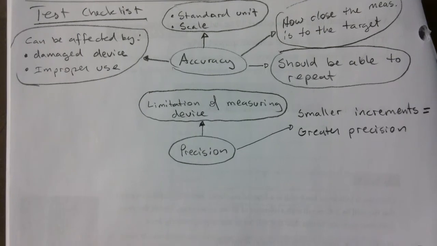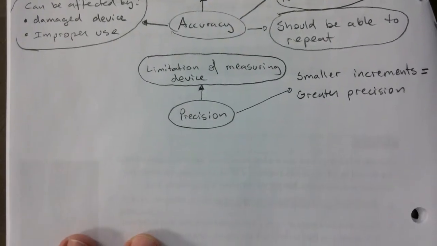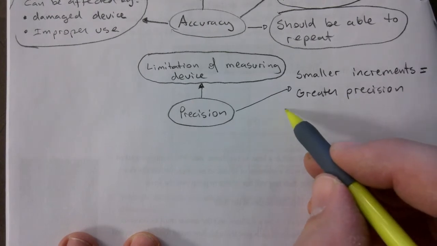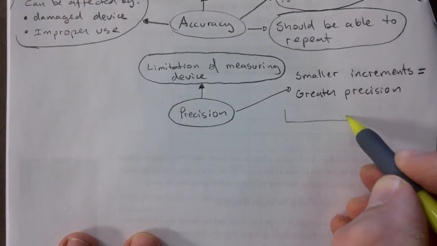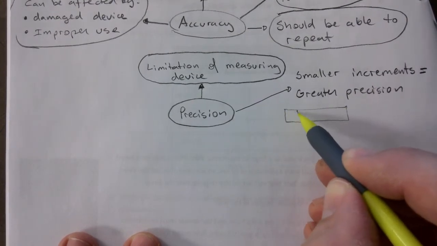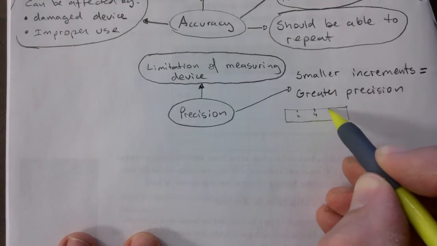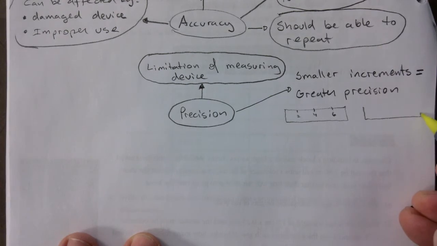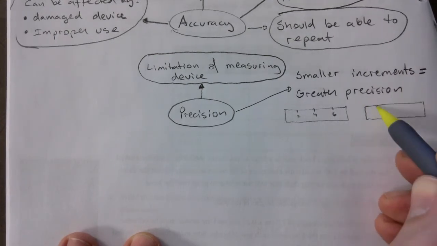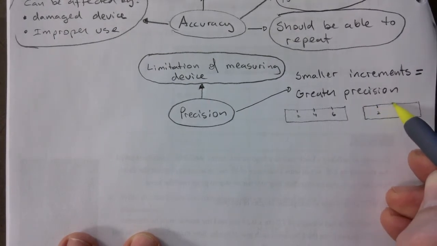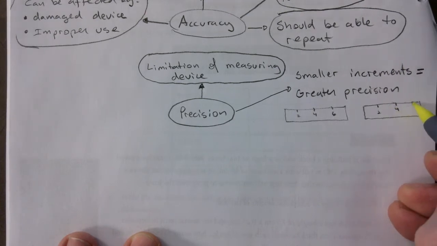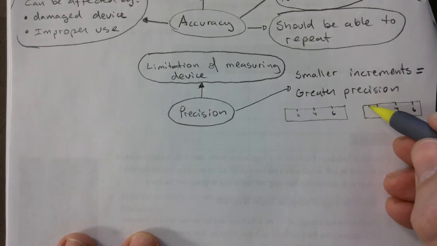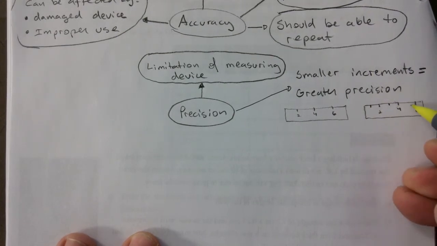I'll give you a very simple example right under it. So smaller increments, greater precision. So if we have like two short rulers here, and if this thing goes 2, 4, 6, and you had another ruler right next to it, it also has 2, 4, 6. But we're going to add a little marker in between values.